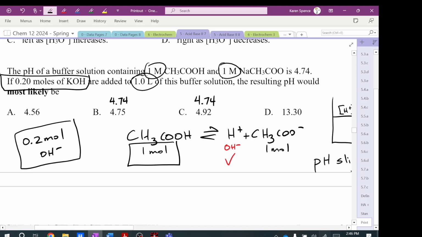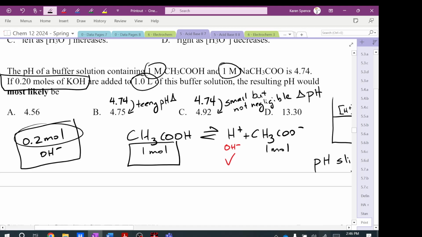That's fairly substantial, yes? So we're not going to have a teeny tiny change in pH. We're going to have a small but meaningful change in pH. Because we have added a meaningful amount of OH, not a negligible amount of OH. So the answer is going to be C.